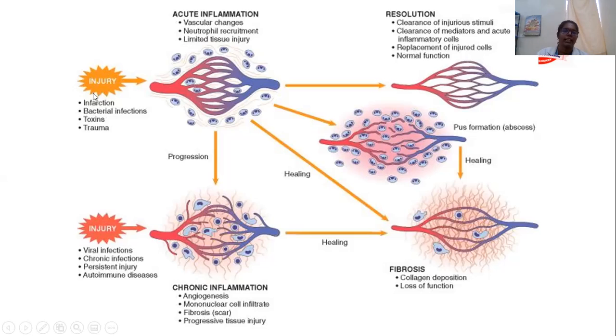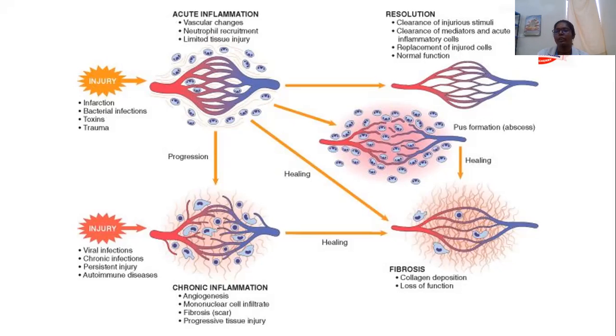Injuries to the body can be bacterial infection or toxins. Because of these injuries, there is a vascular response and there is stasis, pavementing, and immigration of neutrophils, and once this inflammation is there, it can go for resolution. Resolution is a complete clearance of the infectious stimulus, and it comes back to normal function.